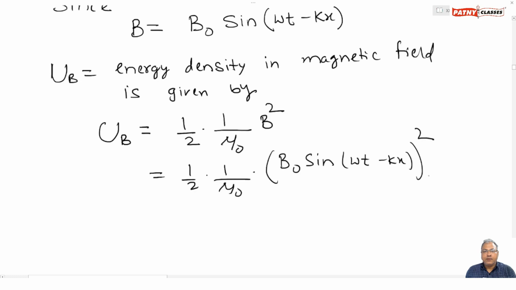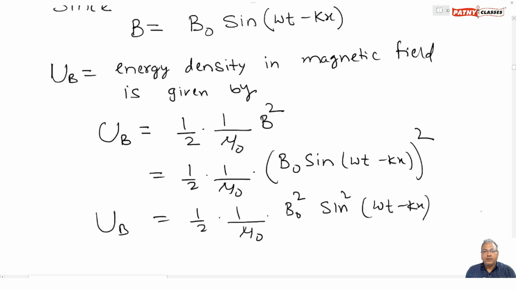So this equals half times 1 upon mu naught B naught square sin square of (omega t minus kx). Call it expression number 2.